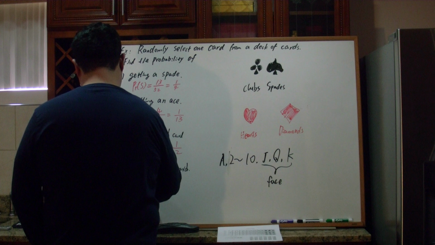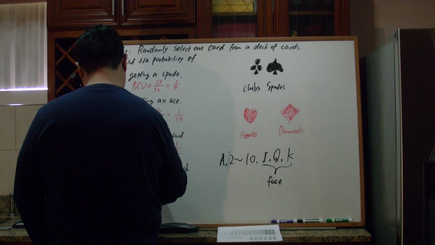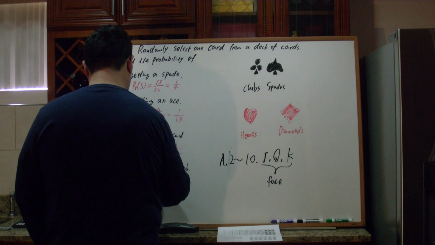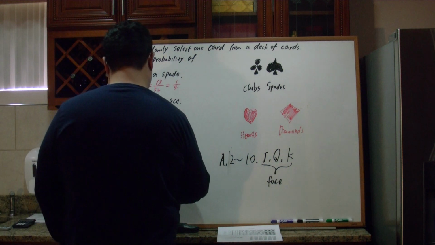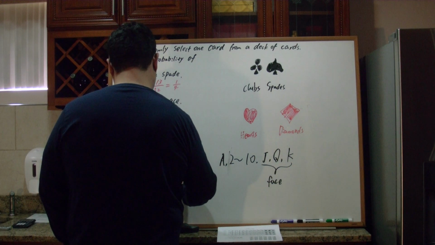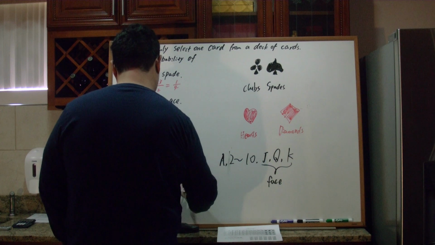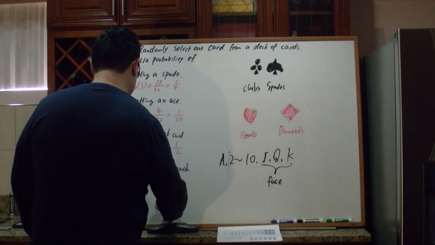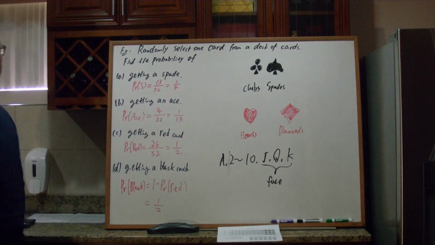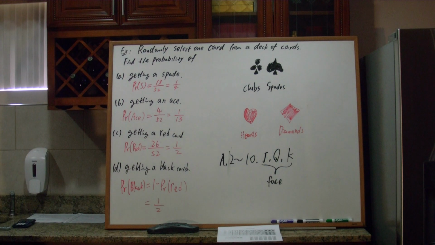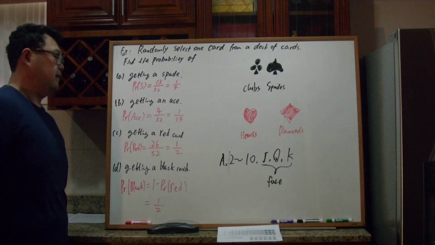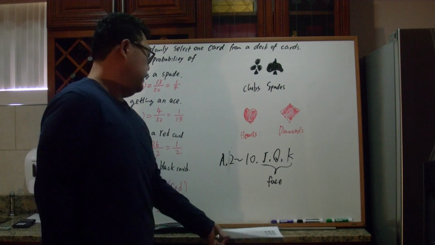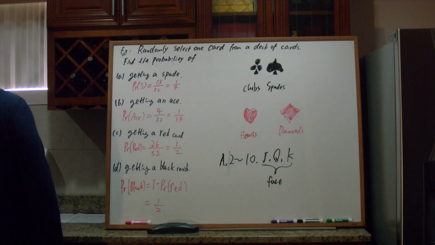To get the probability of black, when the probability of red is a half, the probability of black is 1 minus the probability of the red card. Half is red, half is black, the other half. 1 minus a half is also a half. Right, so that is the deck of cards.